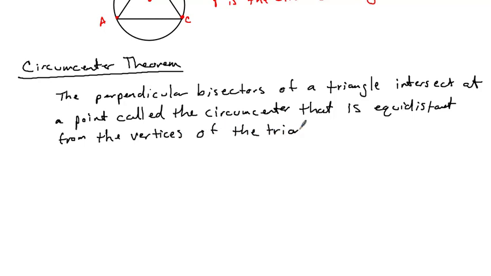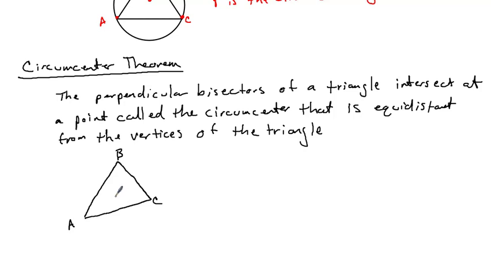Okay, so that's a lot of words. What that means, we draw a triangle, and we're going to label it ABC, and we're going to go ahead and put the circumcenter in it.